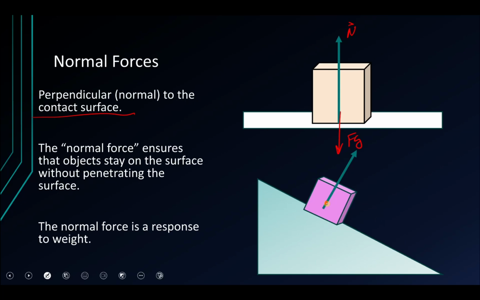On an inclined surface, the force of gravity is still going to be pointing down directly towards the center of the Earth, but my normal force is normal to the surface of this inclined plane. So now my normal force is coming off at an angle. Our normal force is always going to be perpendicular to the surface that this object is sitting on. And this normal force just ensures that the object stays on the surface without penetrating the surface. It's this response to the weight of the object.